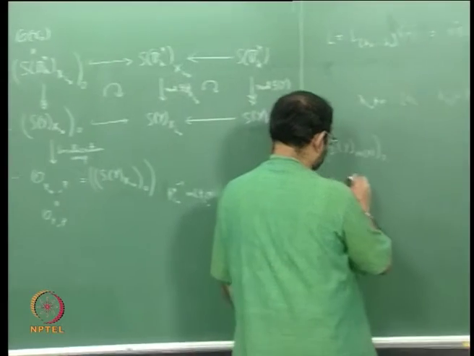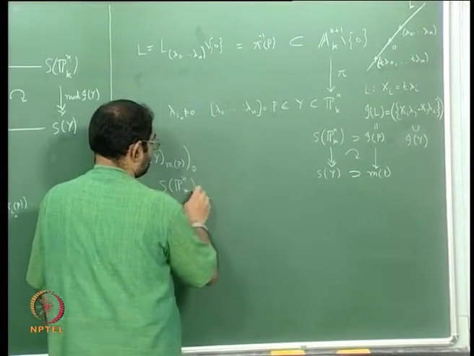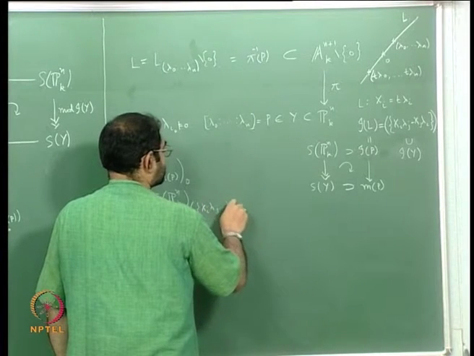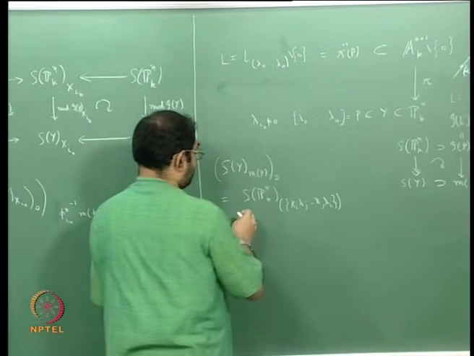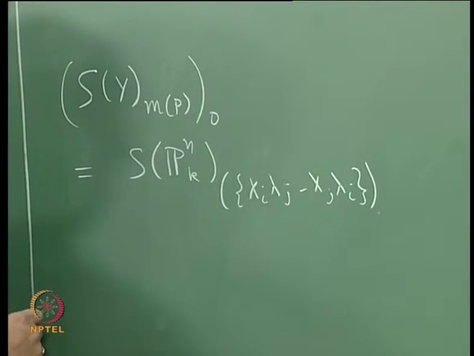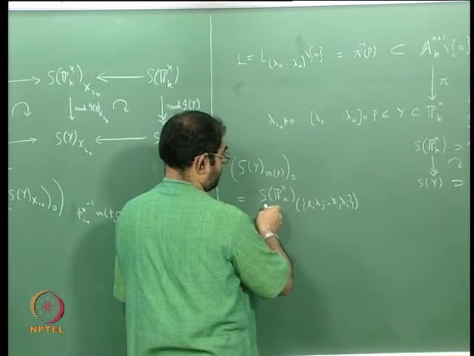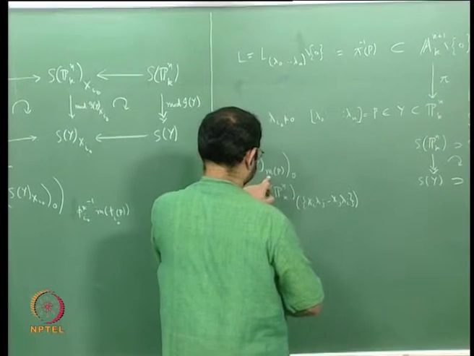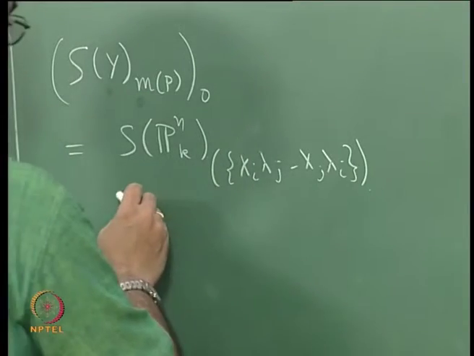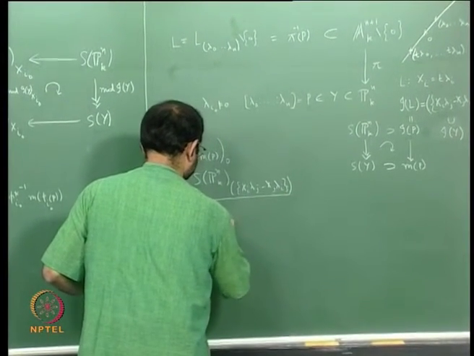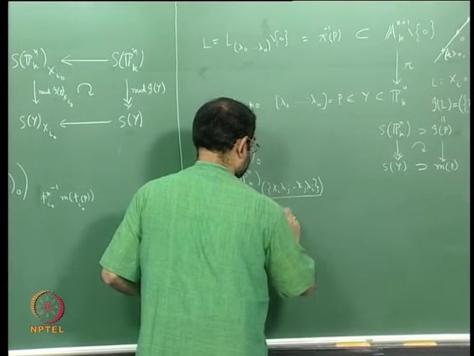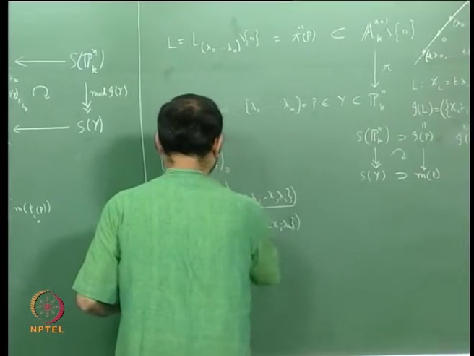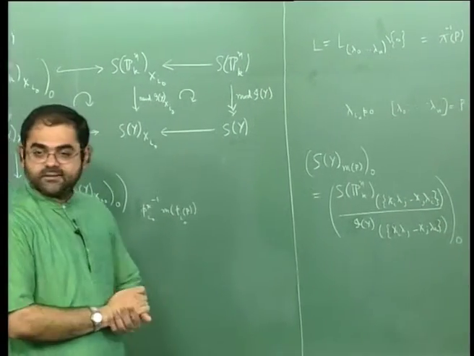So this is the same as taking S of P^n, localizing it with respect to the ideal generated by x_i lambda_j minus x_j lambda_i, and then localizing I of y at this ideal and going mod that, and then taking the degree 0 part. This is what it is.